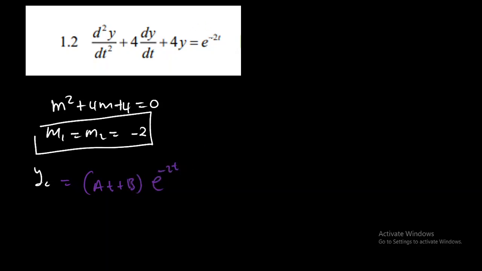You need to pay attention to something here. Remember, if you look at our table, it says our YC equals ax plus b, e to the exponent minus alpha x. But in this differential equation, you don't have x, you're having t. That is why it's at plus b, e to the exponent minus 2t.